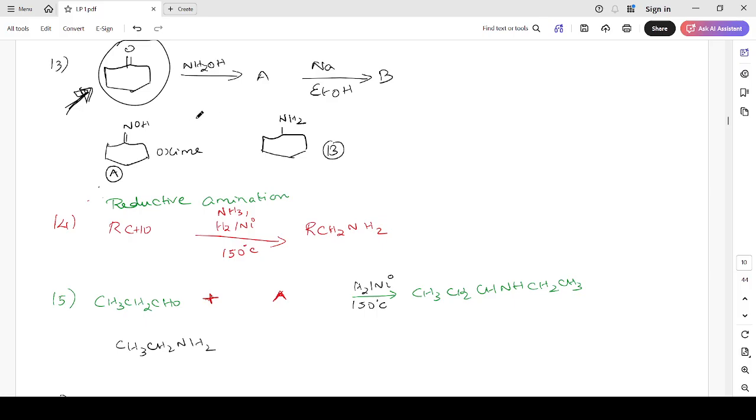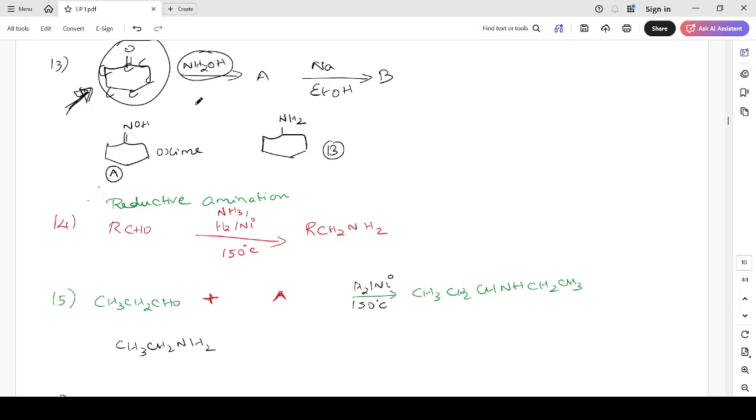Cyclo. How many carbons is it having? You are very close. You said cyclopentanone, but how many carbons is it having? 6 carbons, no? So what will be the name? Cyclohexanone. 6 carbons are there, no? Hexanone.